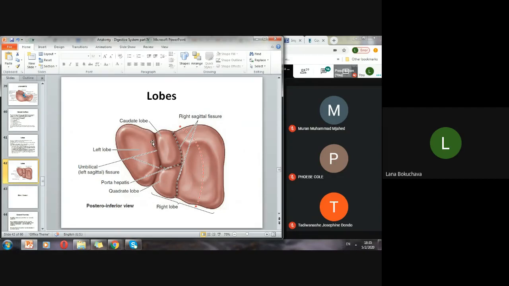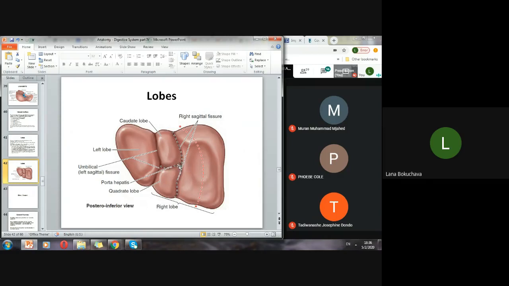Now, what is interesting is that, correctly to say, from the functional subdivision, particularly on the right side of the liver and as a part of its right lobe, we have even, let's say like that, more subdivisions, particularly as you can see by the right sagittal fissure, you can see here like the invagination, as well as you can see the part of the porta hepatis.